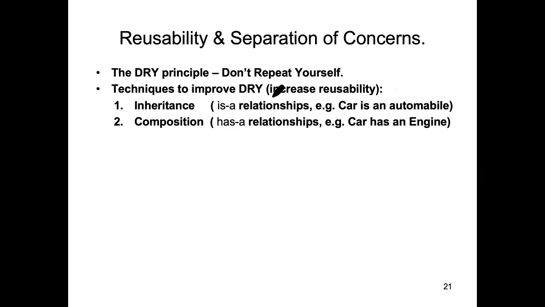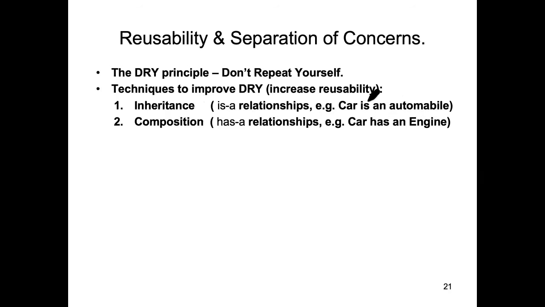Now, there is an alternative to inheritance, and it's called composition. And we often say composition is about analyzing your problem domain and looking for has-a type relationships. For example, a car has an engine. So if I was implementing this in Java, car would be a class, but one of the properties of the car class would be an engine property.